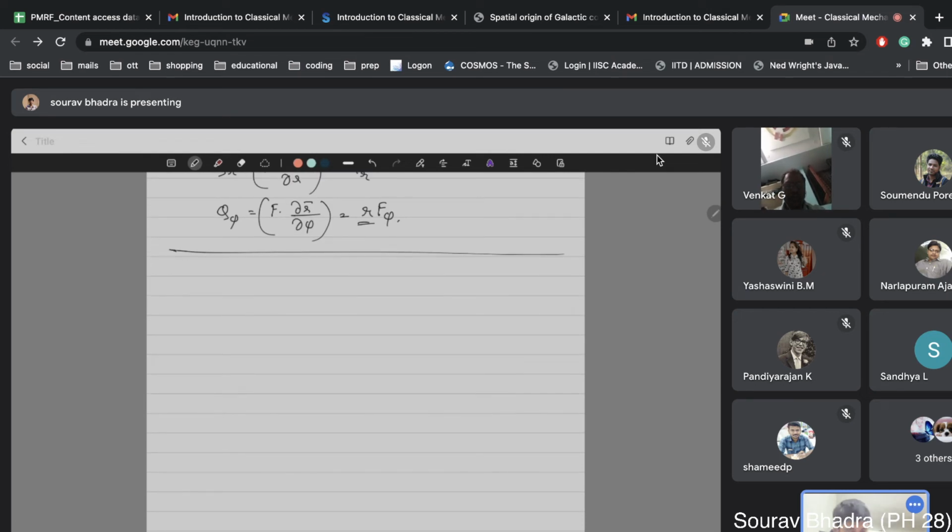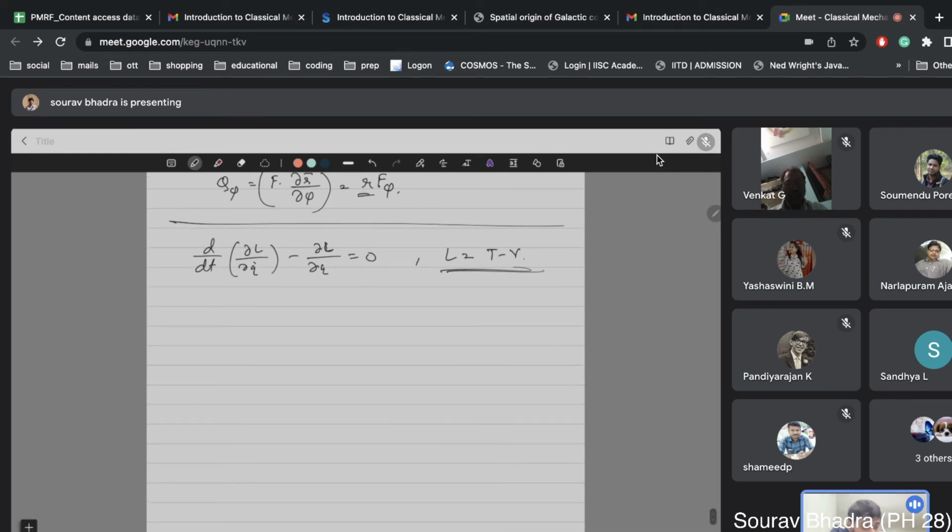As you know, the Lagrange equation is this, where q_i are the generalized coordinates and L is T minus V. This is only true when there is no external force, otherwise you have to write it this way, d/dt of ∂L/∂q̇_i minus ∂L/∂q_i equals Q_i, where Q_i is the generalized force.